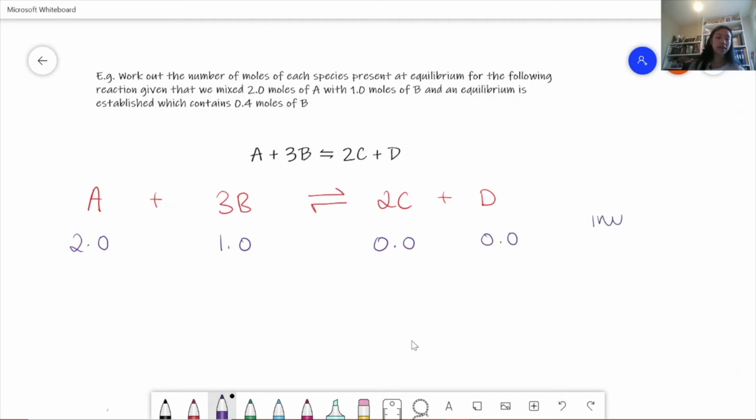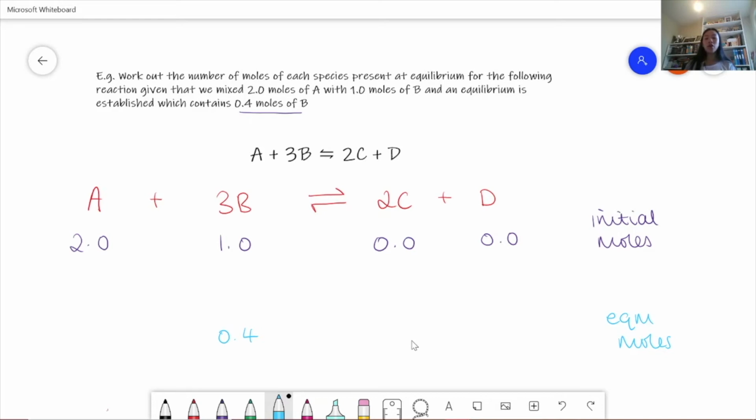And these are the initial moles. And then we write down the equilibrium mole that we do know, which is the 0.4 moles of B. So this is equilibrium moles.